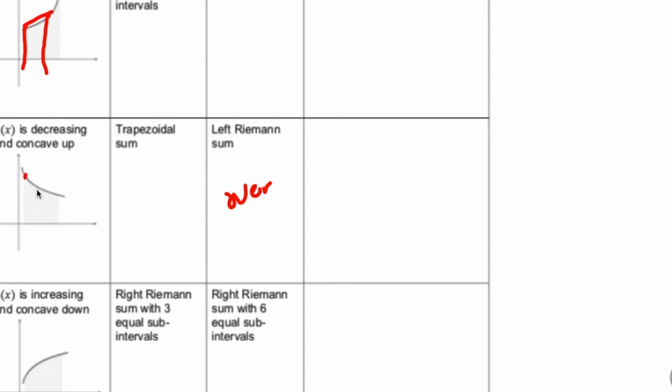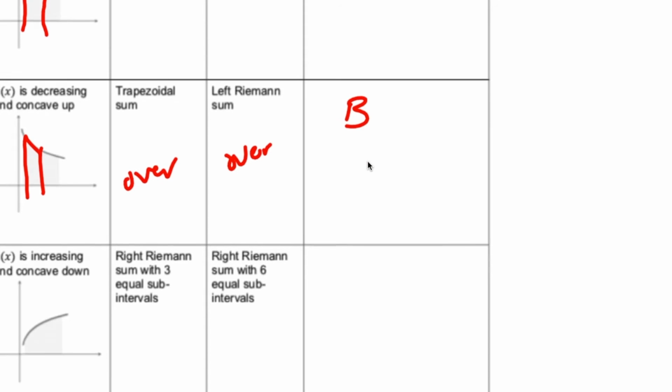If I have a trapezoid in here, it's still an overestimate, but it's less of an overestimate. So B is greater. What I would say there is, even though the trapezoid sum and a left Riemann sum are both overestimates, the trapezoid sum is less of an overestimate. So B would have a greater area.